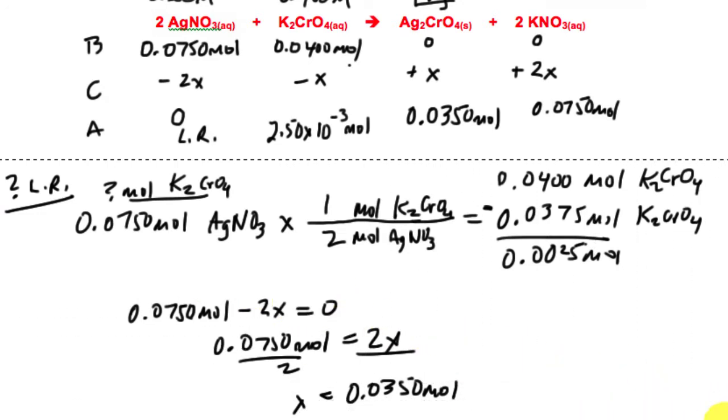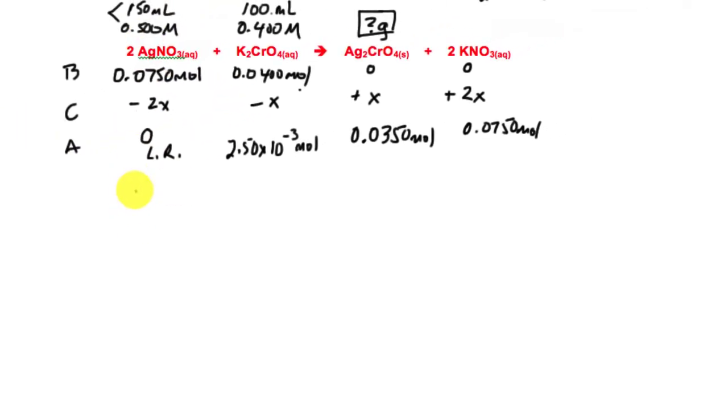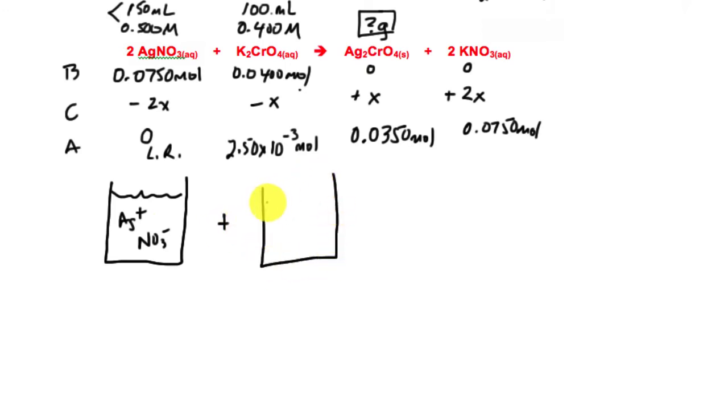I'm going to show you what they tend to do sometimes with these solution stoichiometry problems. Think about what we're doing here. We're taking this solution, which has the silver nitrate in it, silver ions plus your nitrate ions, and we're going to combine that together with this solution here, which has your potassium ions and your chromate ions.